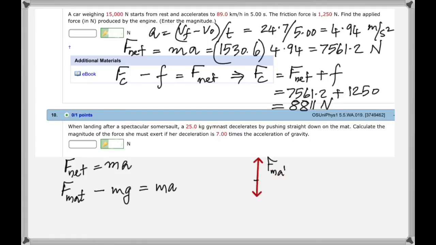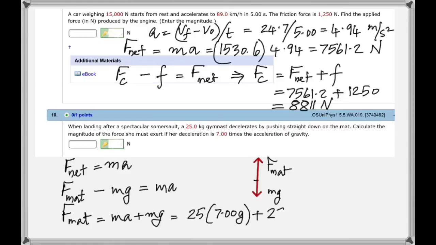So there you go. The force applied by the mat on the person and the weight. So just rearrange that. And the deceleration is 7 times the acceleration due to gravity. That's why I have that as 7g. And then you have 25 times 7g plus 25 times g, that is 25 times 8g, which gives you 1960 newtons.